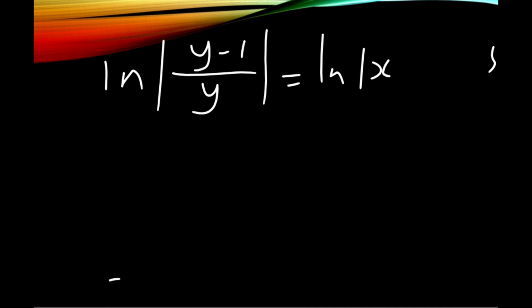This y over y minus 1 over y is what I said we were going to apply algebra to. When it's subtraction, then you divide. When it's division, you multiply.